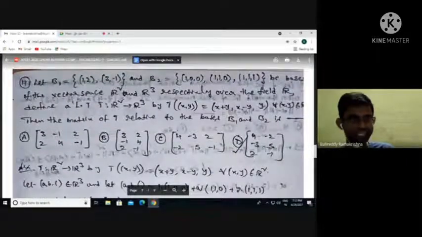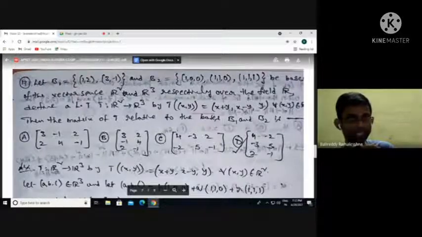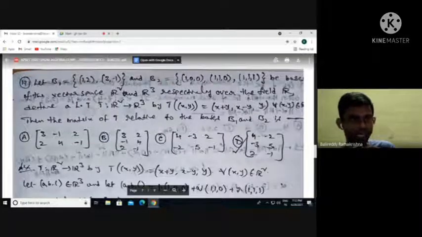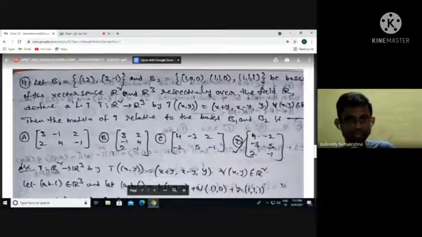Now moving to question number 17. This is also from linear algebra, vector spaces. Let B1 be the ordered basis (1, 2), (3, -1), and B2 be another basis (1, 0, 0), (1, 1, 0), (1, 1, 1), which are bases of the vector spaces R square and R cube respectively over the field R. Define a linear transformation T from R square to R cube by T of (x, y) is equal to (x plus y, x minus y, y) for all (x, y) belonging to R square.